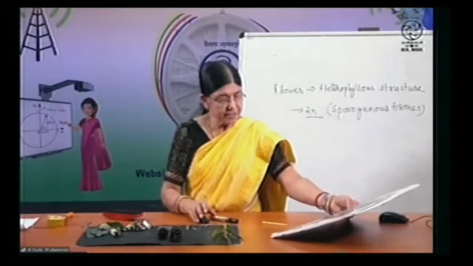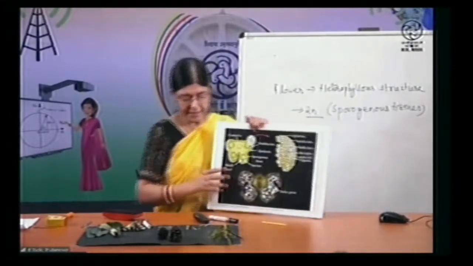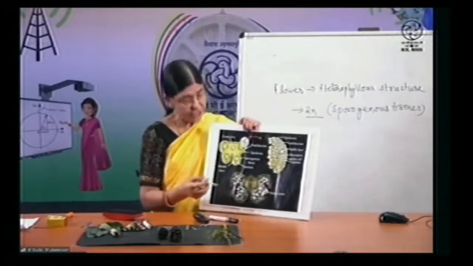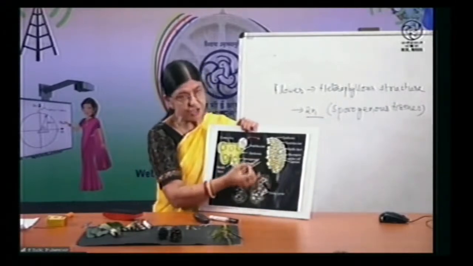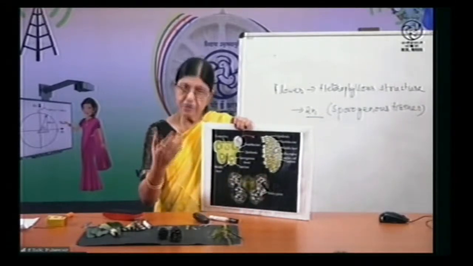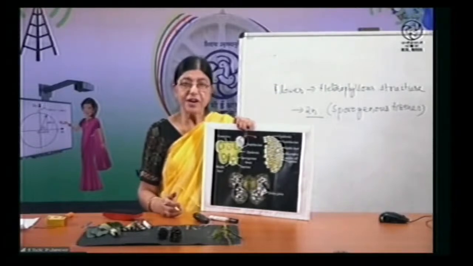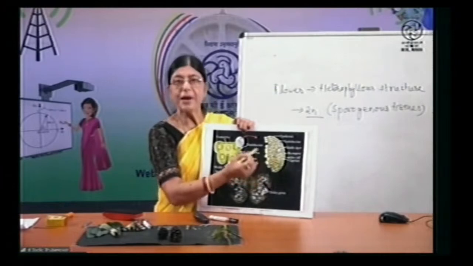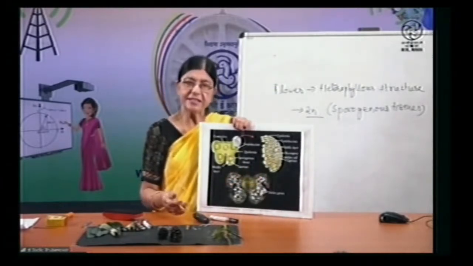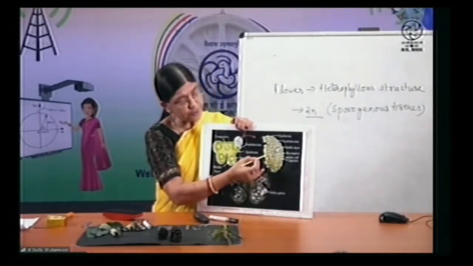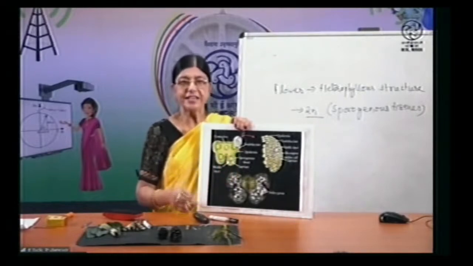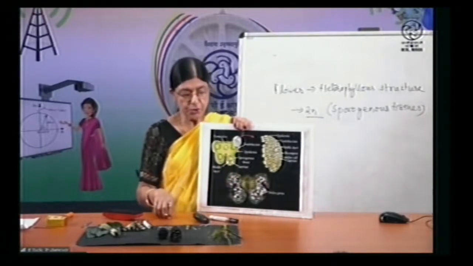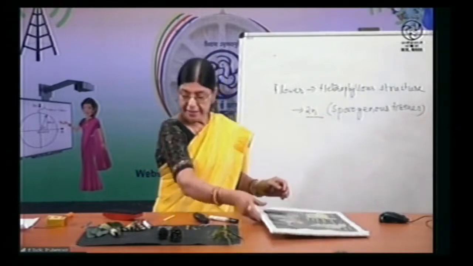Gradually, these cells undergo maturation, and the microsporogenous tissues will show certain development. What are the developments? Let's see. In a young anther, few microsporogenous tissues are present. As the anther matures, these microsporogenous tissues will start dividing mitotically, so that the number will increase.